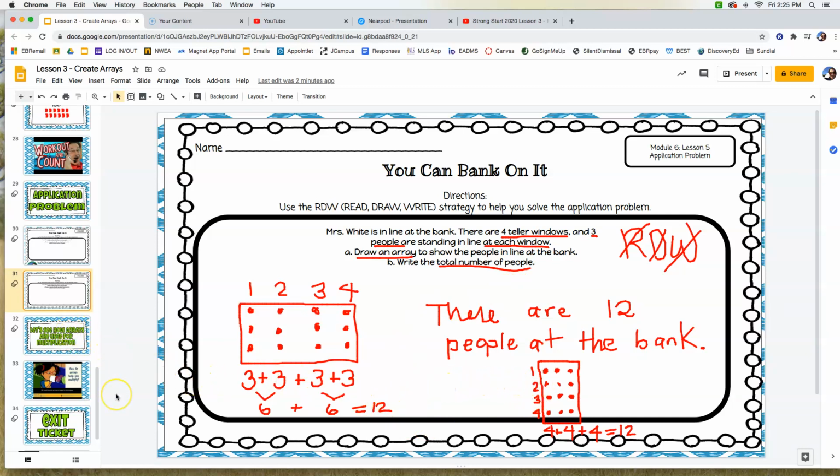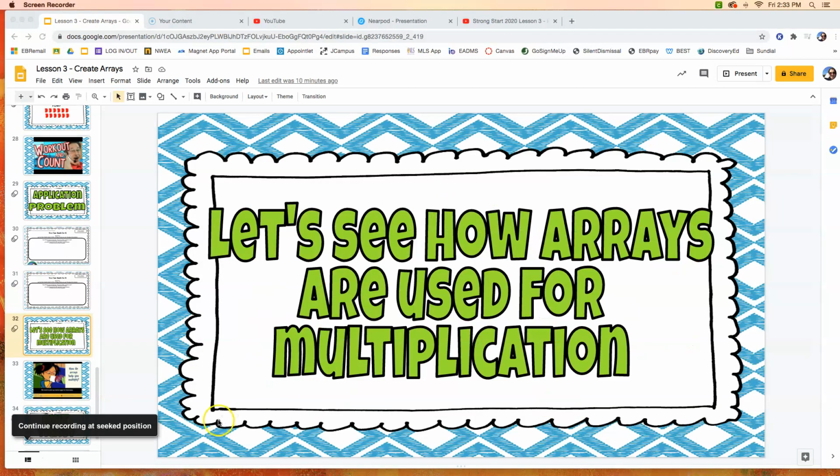The next part you're going to see is going to be a video. And this video is going to explain how arrays set us up to be able to multiply. So remember that when you start your first third grade lesson, third grade starts right off with multiplication. And so we want to have our brains ready for multiplication. That's why we're practicing the foundations for multiplication and division.